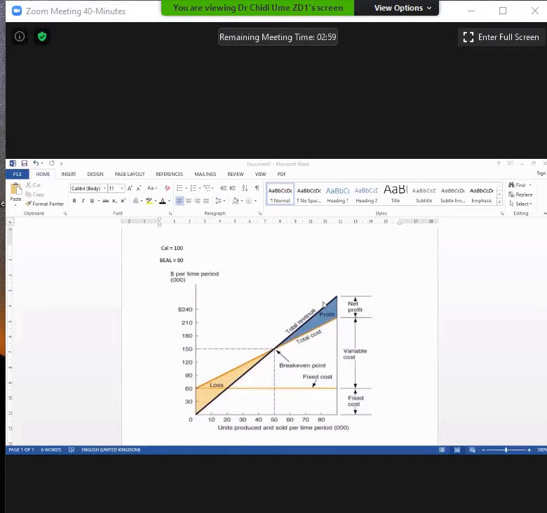So you can just mark it. You can just mark from here down to the break-even point. Can you see what I'm doing? Yes, sir. From here down to the break-even point. And then all these regions, they represent the margin of safety. That's the regions above where you have the profit angle.